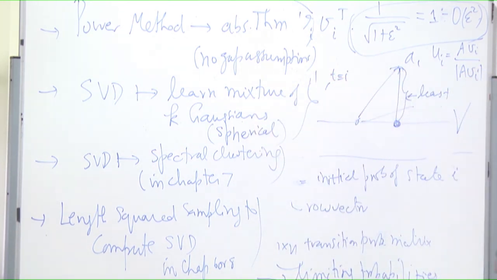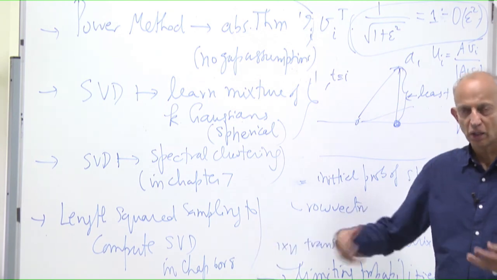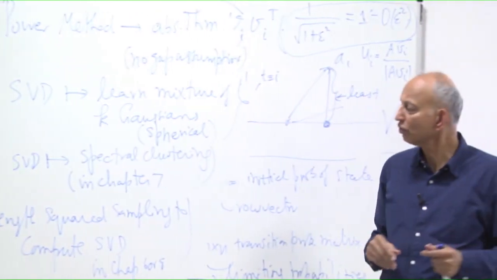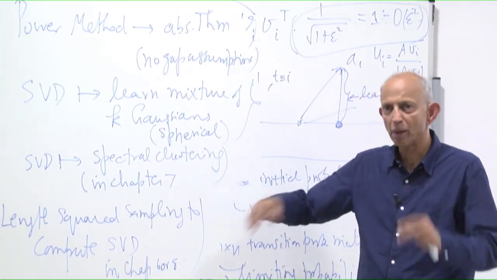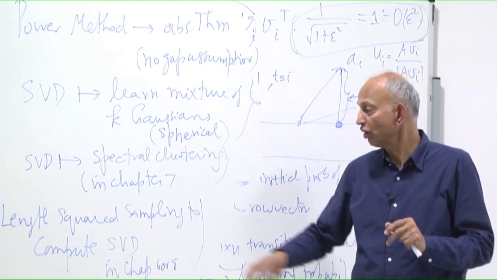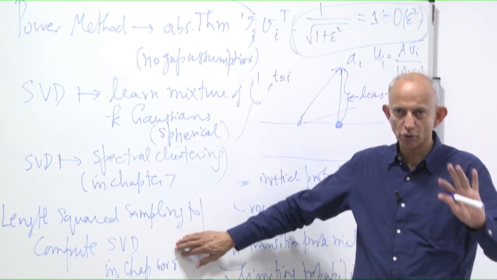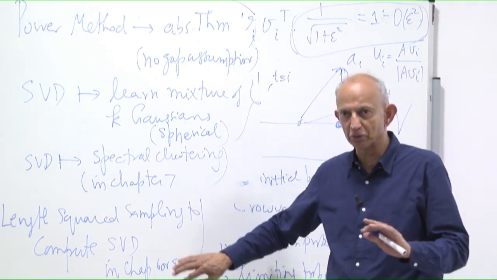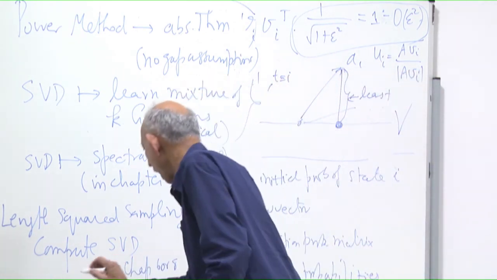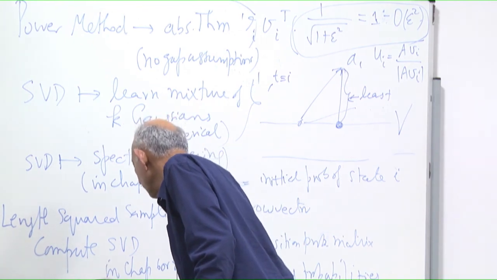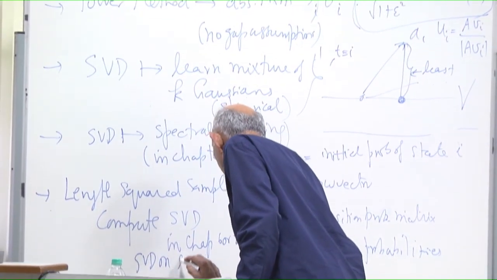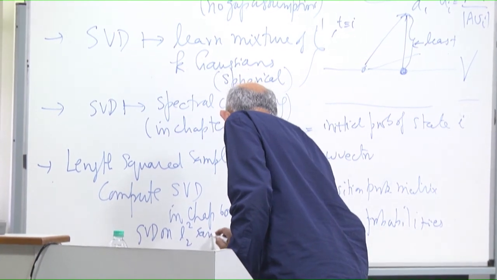8. So the gist of this is that if you want to do SVD of a big matrix, you can do length squared sampling to pick some rows and just do SVD of that rectangular matrix consisting of those rows. That gives you a good approximation, provable approximation, right, for any matrix. So the gist of this is SVD on length squared sample rows.